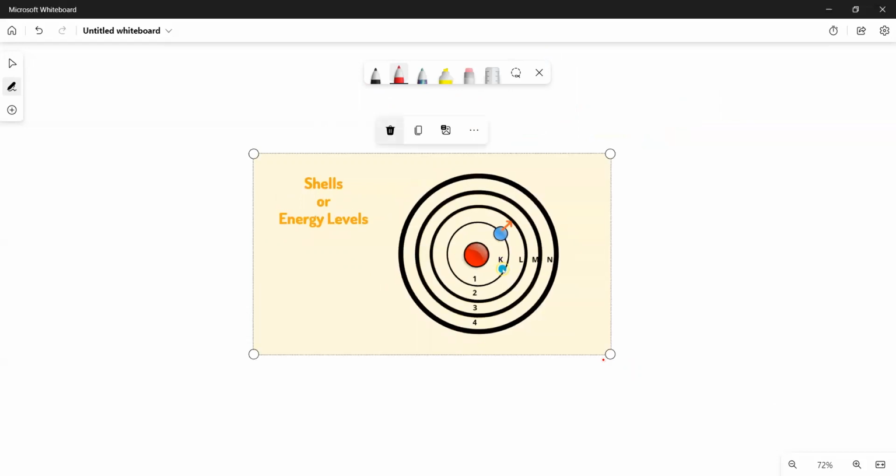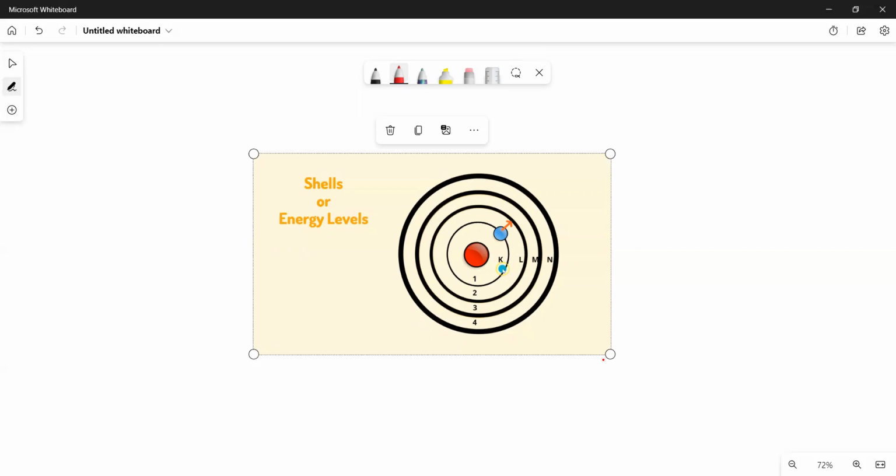So we already understand this much: this one is the nucleus, which consists of neutrons and protons, and now surrounding the nucleus there are shells or energy levels.